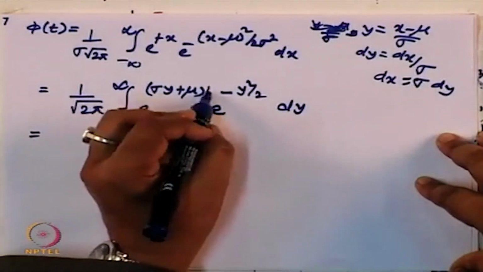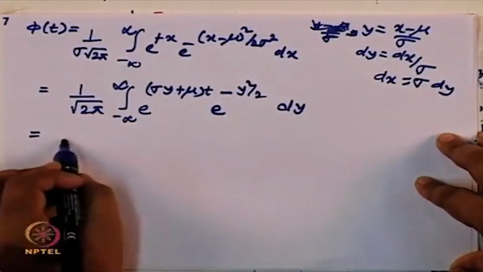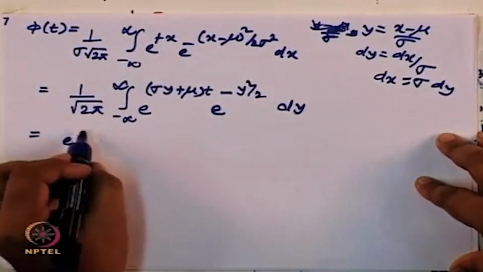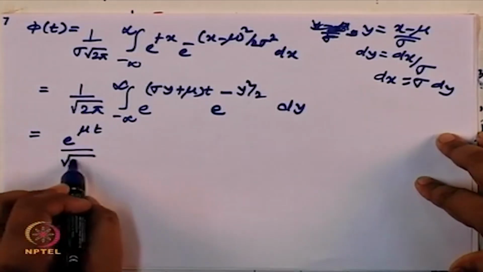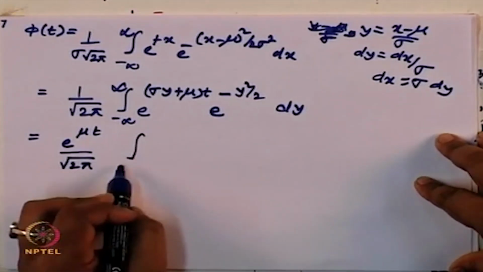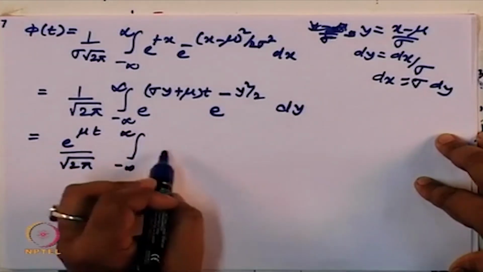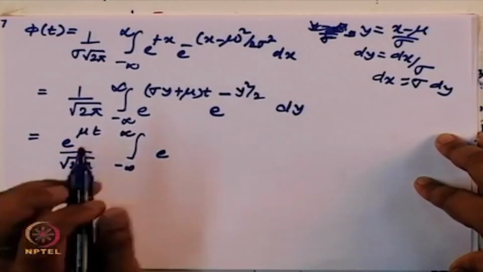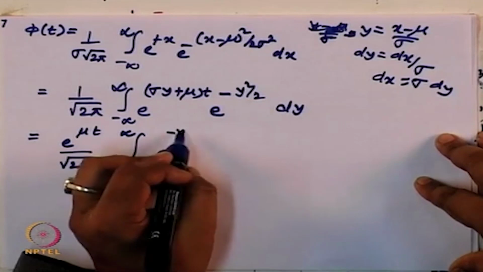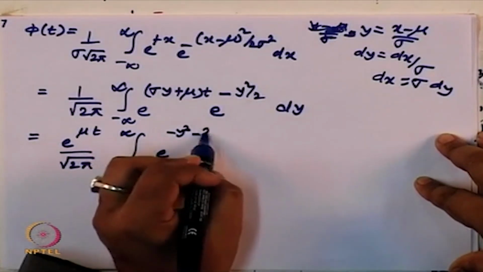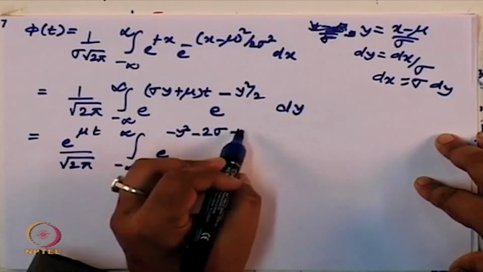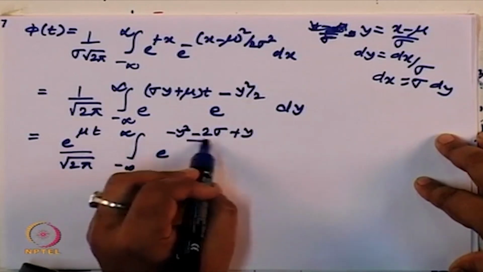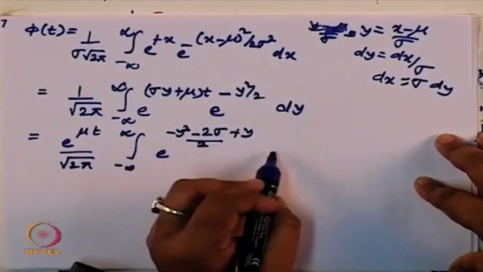I can take this mu t term out, because the integral is over y, and I can write it as the integral from minus infinity to infinity of e to the power minus y square minus 2 sigma t y by 2 into dy.